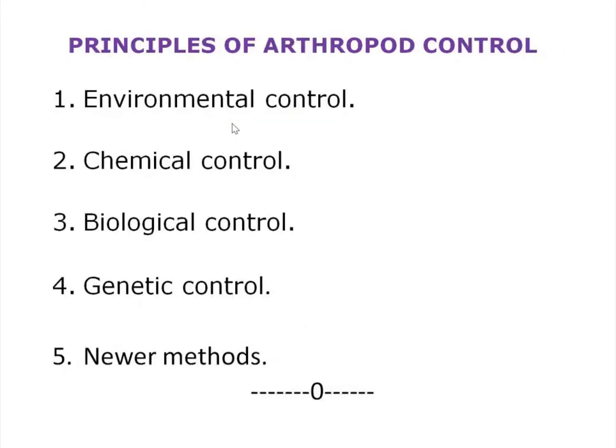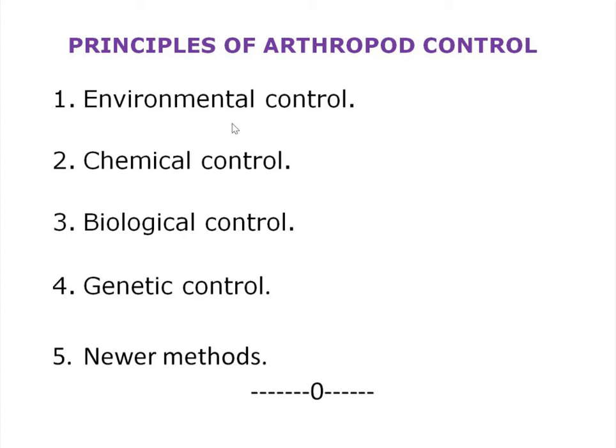Next, coming to the control of arthropod-borne diseases. How do you control these diseases? Basically, it is controlled by these various methods in general: environmental control, chemical control, biological control, genetic control, and neo methods.